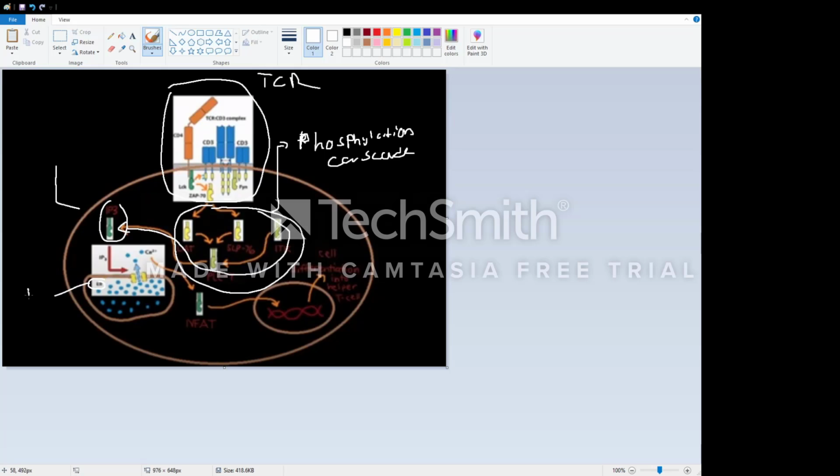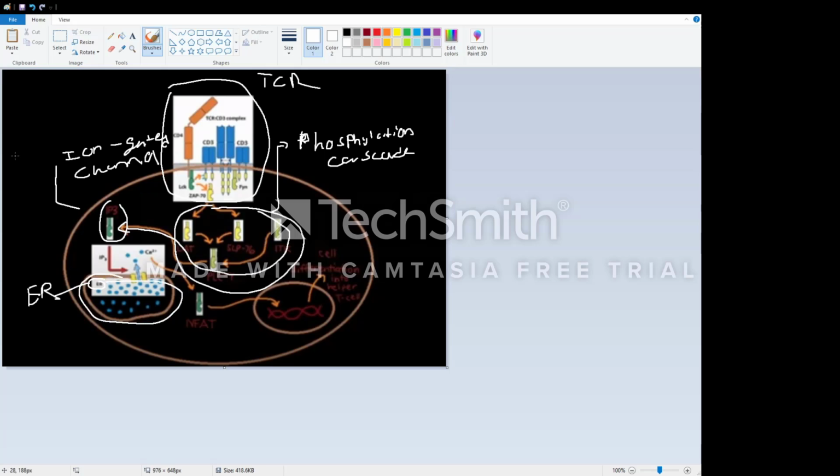Right here, you can barely see it, but ER, our endoplasmic reticulum, has a certain ion-gated channel. And that's right here.